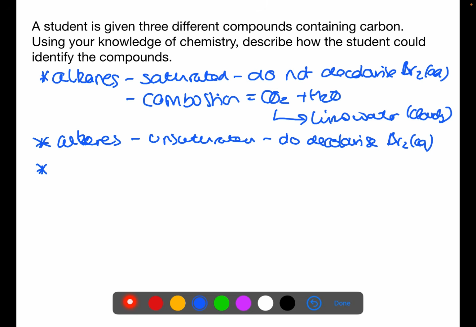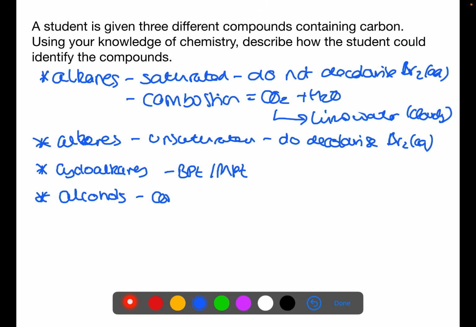Another family you've looked at would be the cycloalkanes. Okay, now their properties are very similar to the alkanes, so a way that you could tell them apart, you could look at boiling points or melting points. Other carbon families you've looked at are the alcohols. Okay, and again, they undergo combustion reactions.